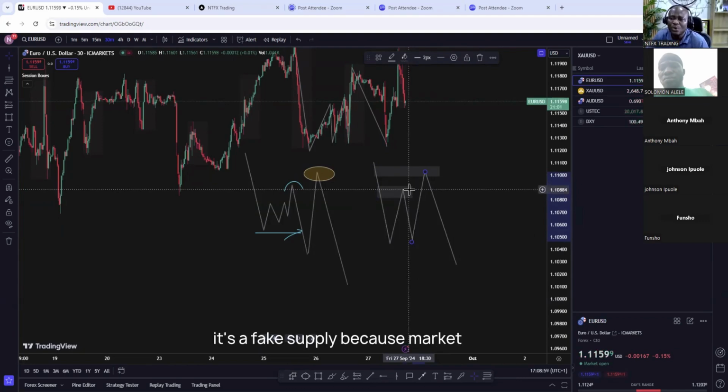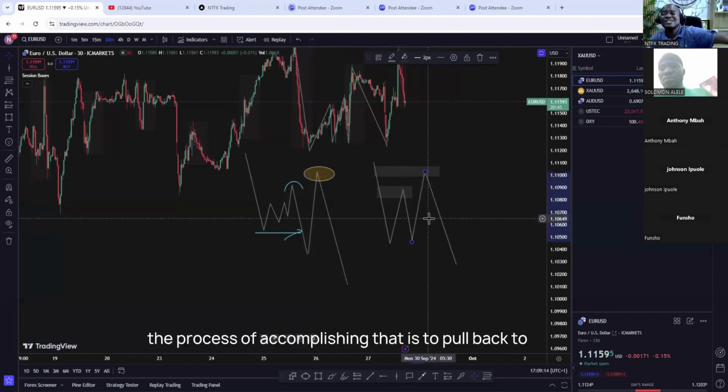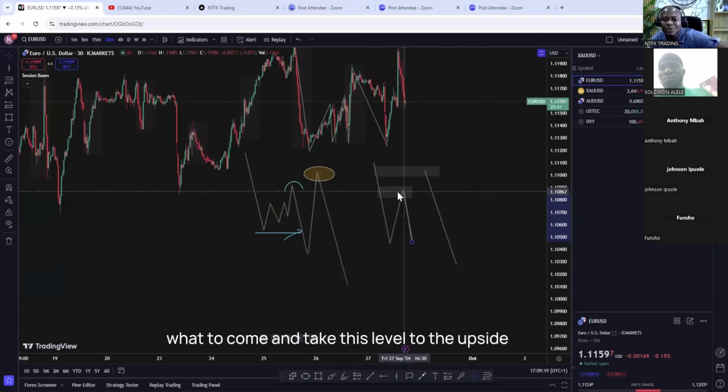It's a fake supply, but within that fake supply, market has to find a way to develop its own internal structure liquidity that is equivalent to the external structure liquidity that it took here. So the process of accomplishing that is to pull back to what? To come and take this level to the upside.